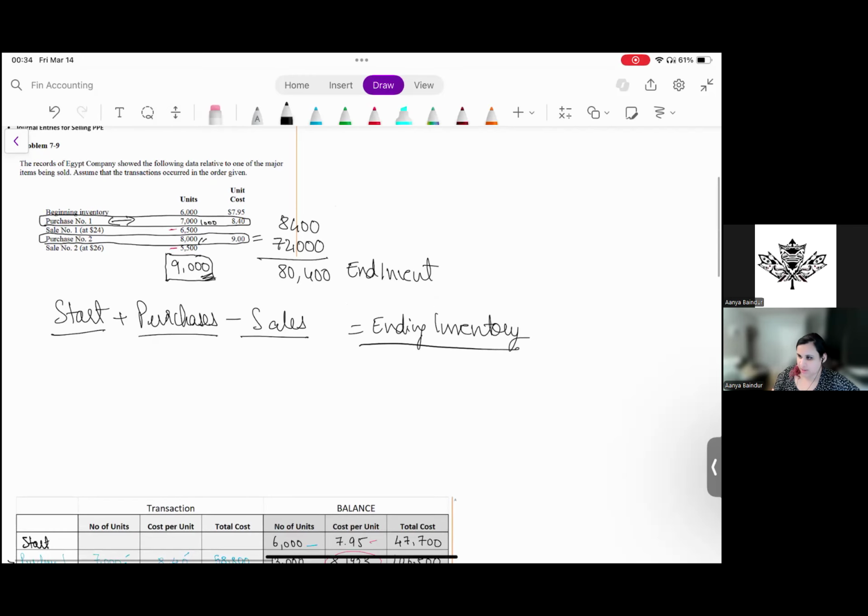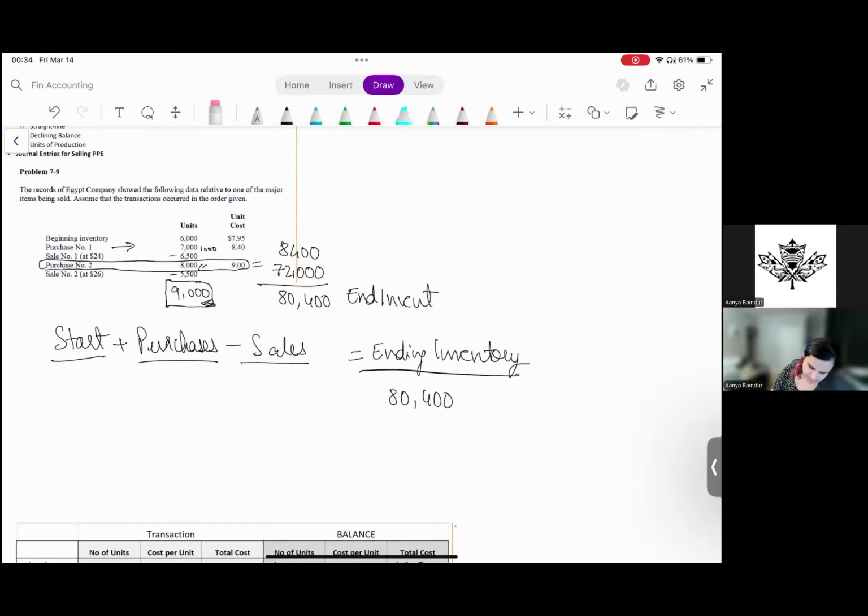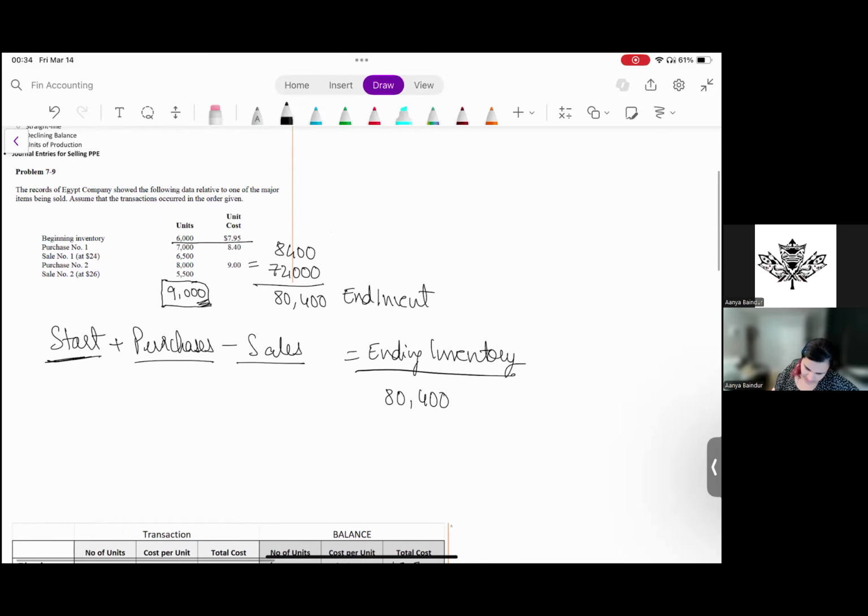Now, we've just figured out that the value of our ending inventory is 80,400. And the question tells us how much the beginning inventory value is. So that is our start value right here. Let's multiply 6,000 by 7.95.